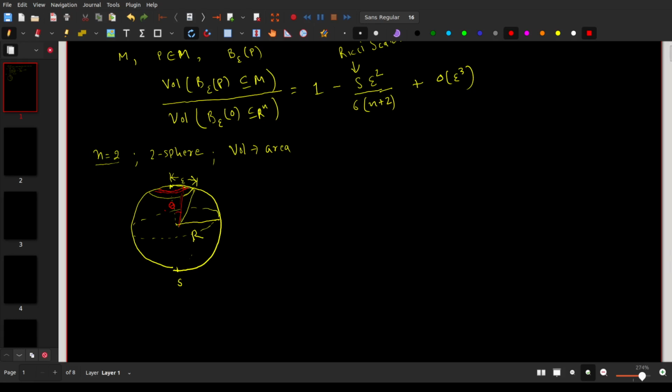Then the area of this small strip, if this is d theta, then the width of this strip will be d theta times R, and its circumference, since this is capital R, the length of this strip will be 2 pi R sine theta.